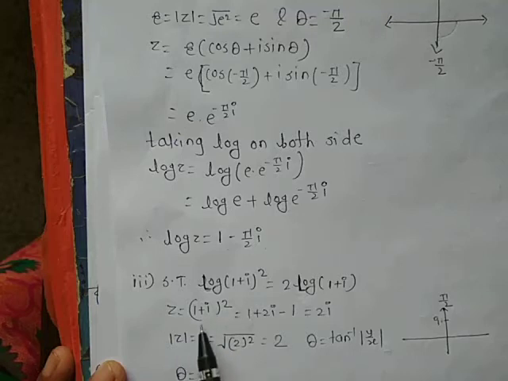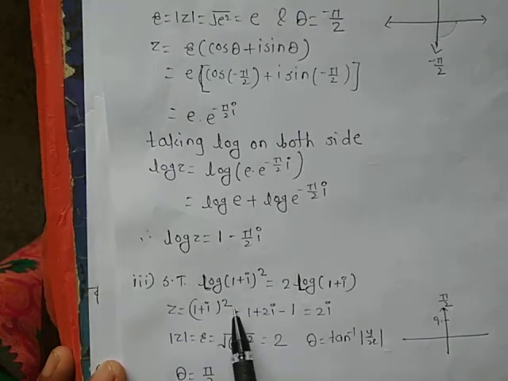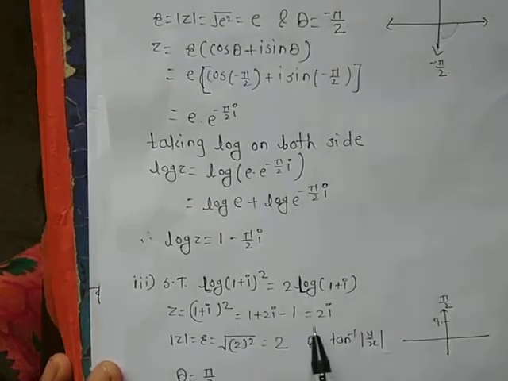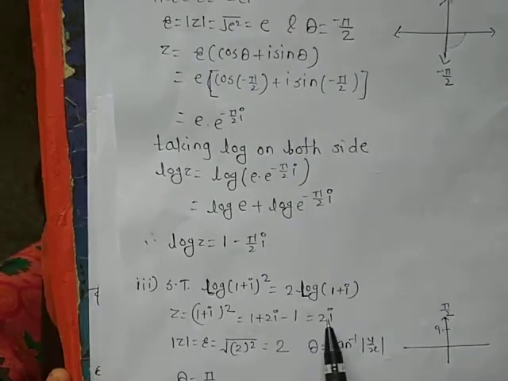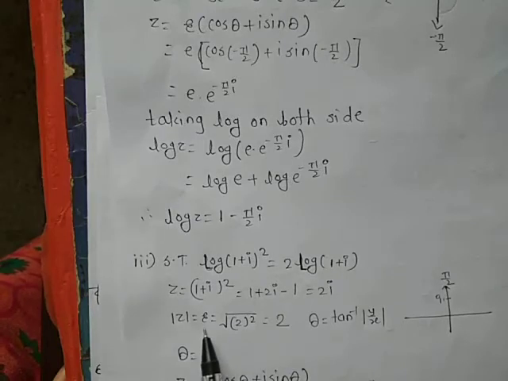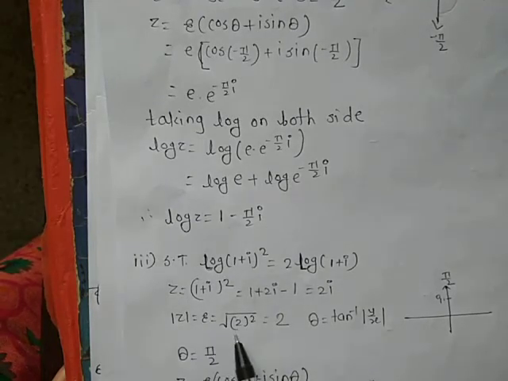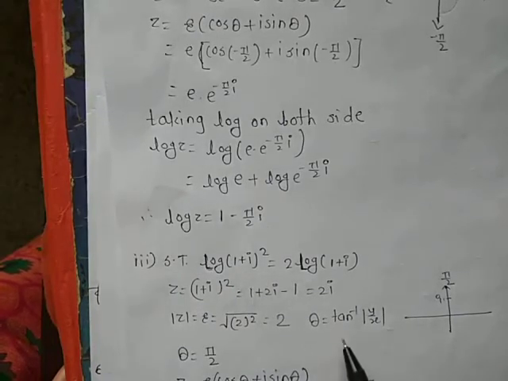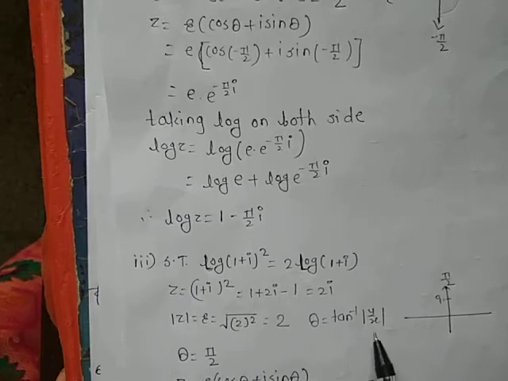z is equal to (1 plus i) square. If you expand this bracket you will get 2i. So modulus of z is equal to r, which is equal to under root of 2 square, which is equal to 2. And theta is equal to tan inverse of mod y upon x.